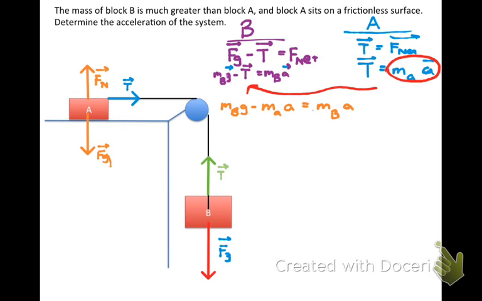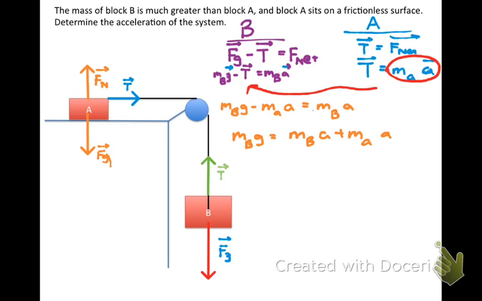Alright, and looking at this, if we wanted to find the acceleration of this problem, we can certainly isolate the A variable here. So this is going to be mass B times G equals mass B times A plus mass A times acceleration.